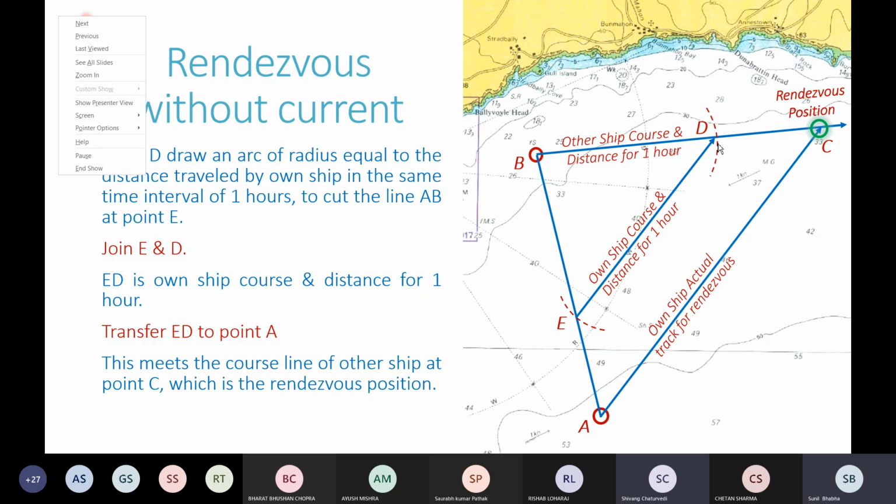After that you open your compass equal to the distance covered by own ship in 1 hour. So that will basically be our engine speed. You open up your compass equal to own ship engine speed or engine distance for 1 hour. Place that compass at point Delta and draw the arc to cut the line AB. This is how we obtain point Echo.